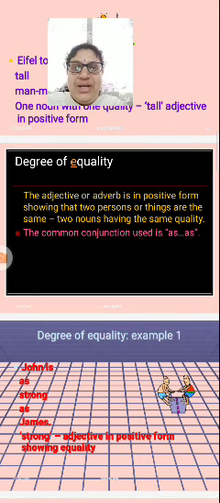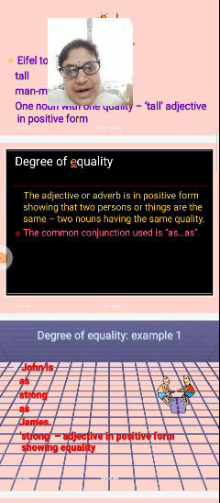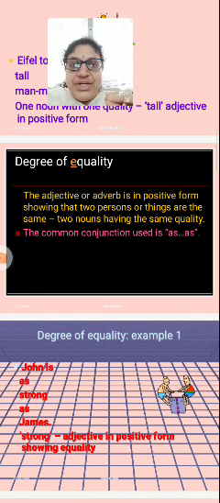Degree of equality. The adjective or adverb is in positive form, showing that two persons or things are the same: two nouns having the same quality.